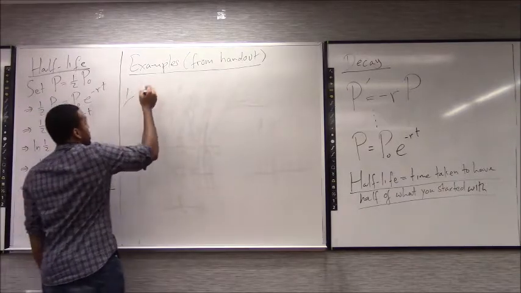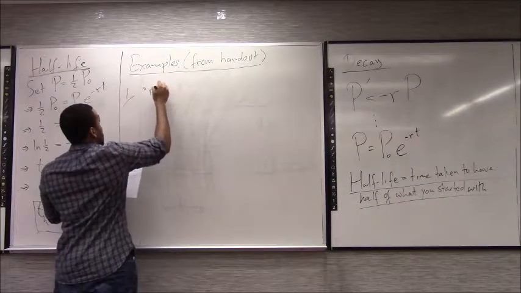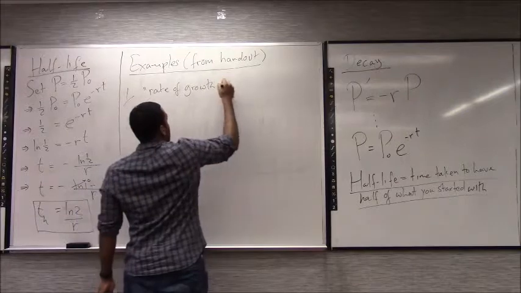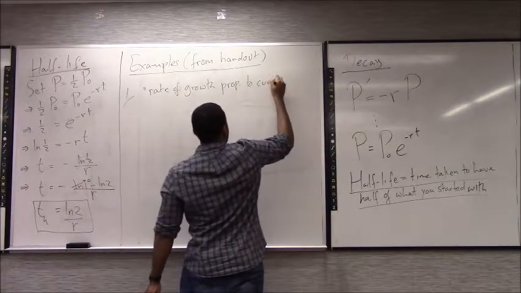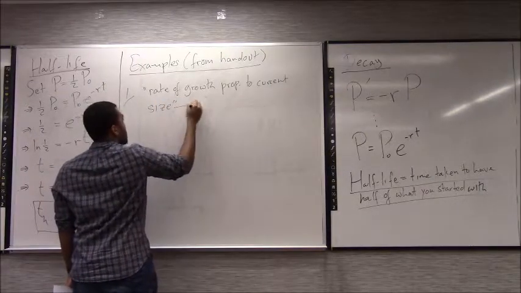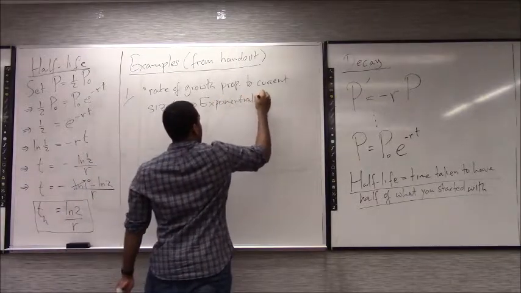So maybe I should write that down. Rate of growth proportional to current size. That sentence is what tells us that we're looking at exponential growth.